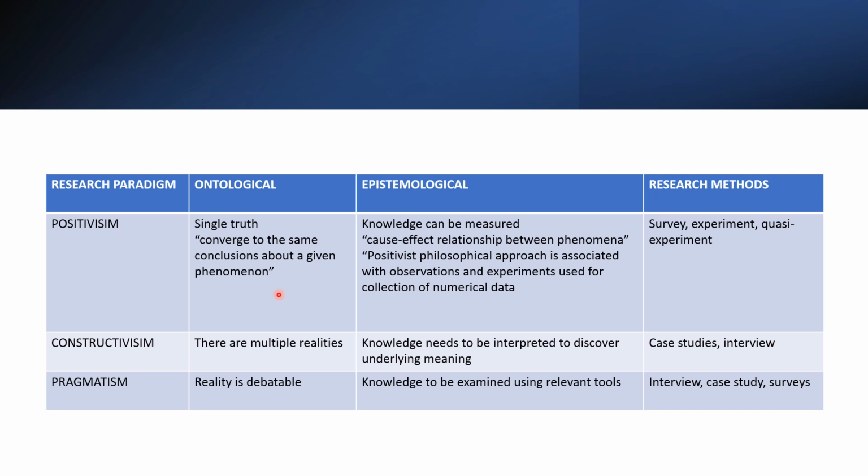Although they are all different researchers, they all come to the same conclusion about a certain situation. And then how can I know about the reality? You question the knowledge. Usually this approach holds the belief that knowledge can be measured. It has a cause-effect relationship between phenomena.